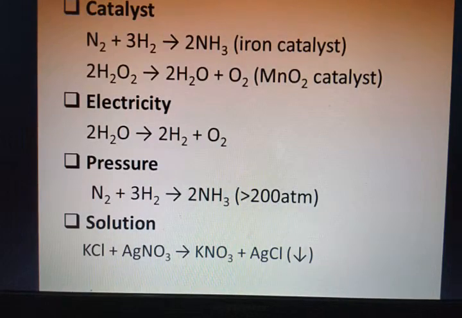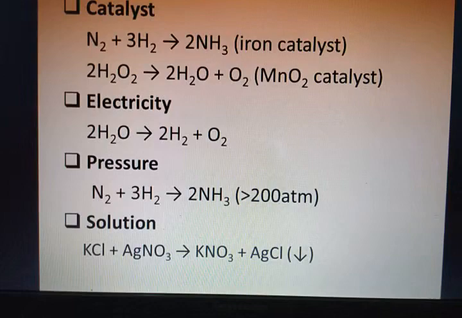There are hundreds of reactions which will not take place if they are not combined in the solution state. You can see over here KCl and silver nitrate giving potassium nitrate and silver chloride. So KCl in the solution state, silver nitrate in the solution state, and we will get the products potassium nitrate and silver chloride. Potassium nitrate will also be in the solution, and silver chloride precipitates out.